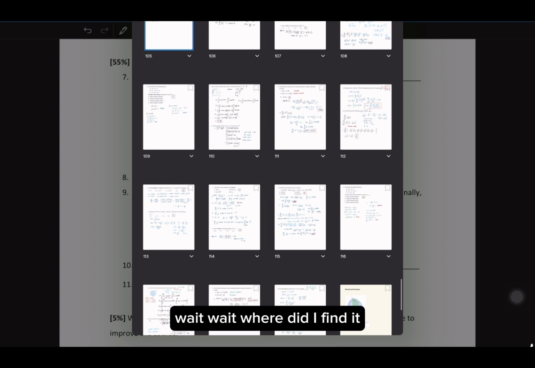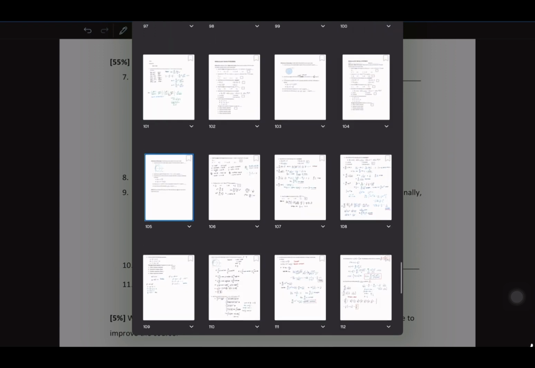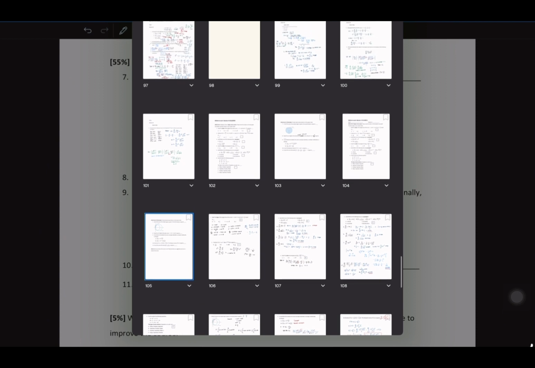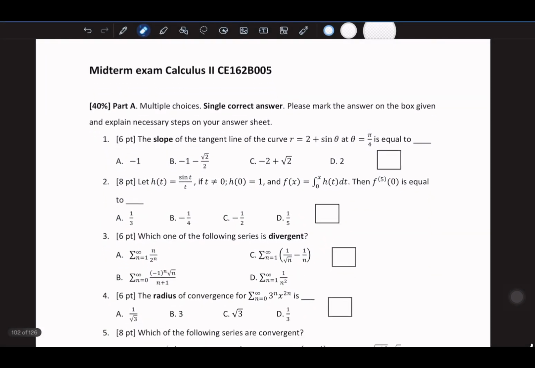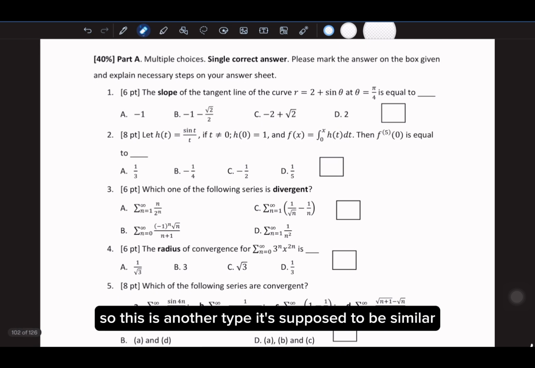Wait, where did I find it? Oh, this one. So this is another type. It's supposed to be similar but different questions.